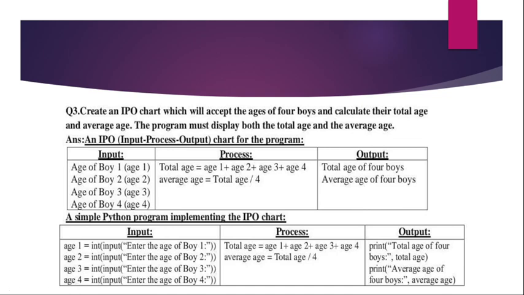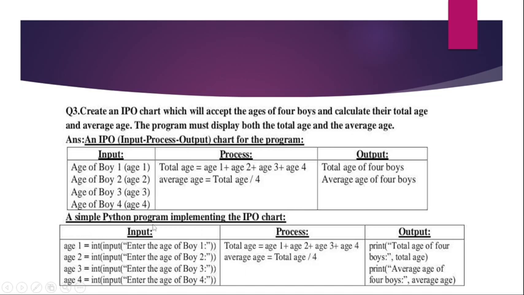Similarly, we apply average formula to find out the average age of students. So first of all, we need to calculate the total age of the students and divide it by the total number of students. So there are 4 number of students, so divided it by 4. In this way, we can achieve total age of 4 boys and average age of 4 boys.